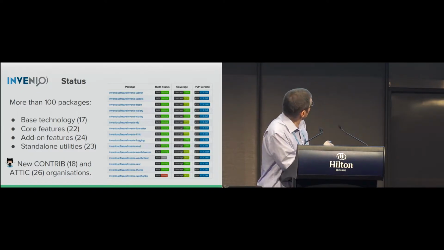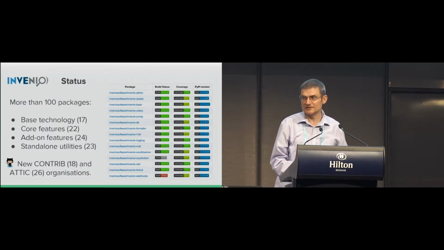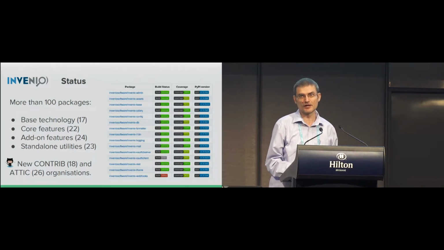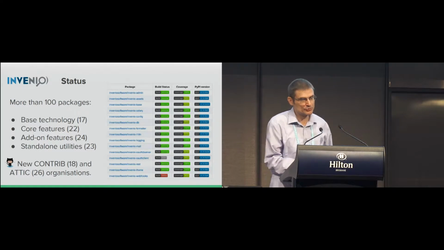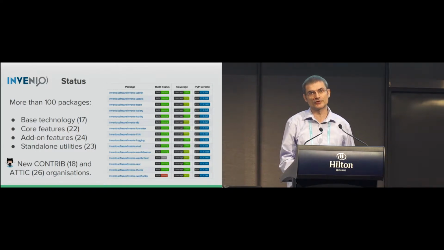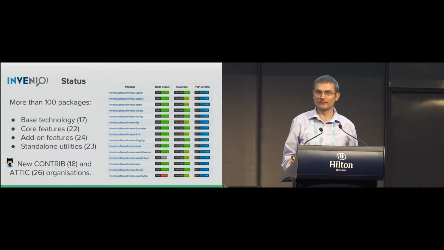And at the end, we are also publishing a lot of standalone utilities, for example, a PID utility managing library, or Flask ecosystem modules for menu and other things. Last year, we opened a new GitHub organization for contributions, which is basically packages not developed by the core Invenio team, but by anybody else out in the world who are not necessarily following the same code quality practices as we do. So this has seen a lot of usage as well.